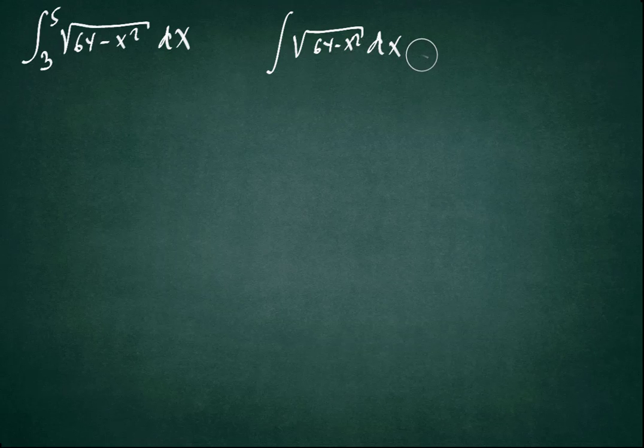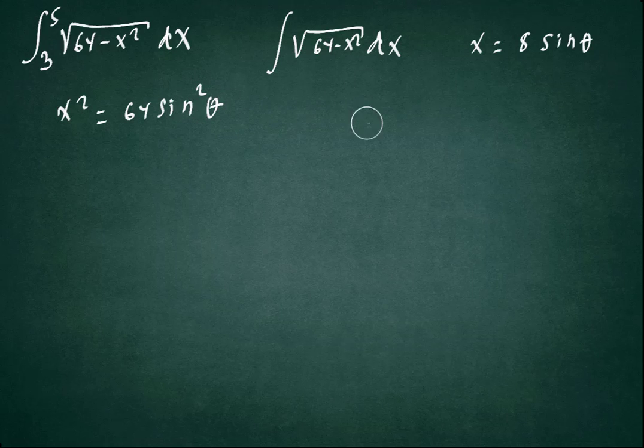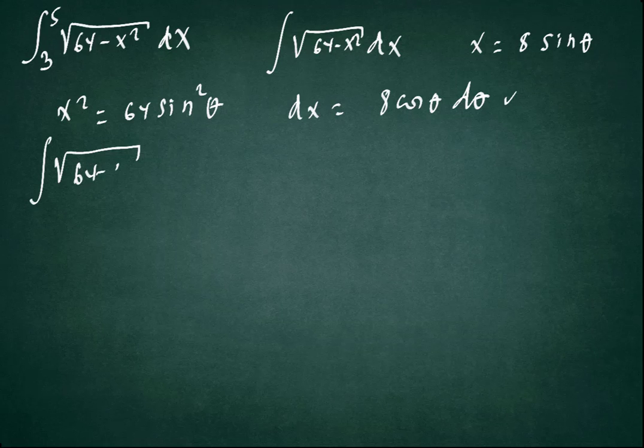For the indefinite integral of the square root of 64 minus x squared dx, we can take the form of x equal to 8 sine theta, with theta being an angle. So x squared becomes 64 sine squared theta, and if you take the derivative of both sides, we get dx equal to 8 cosine theta d theta.